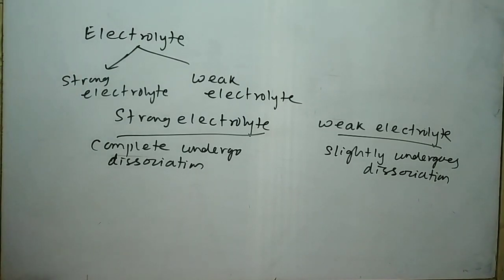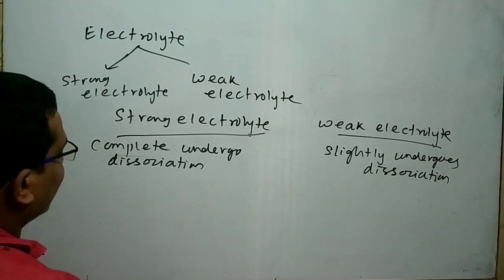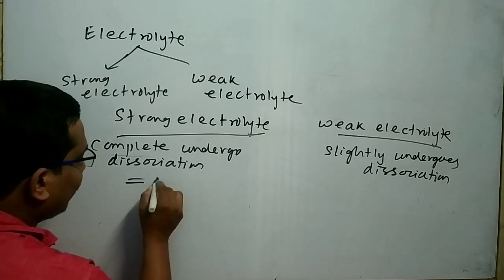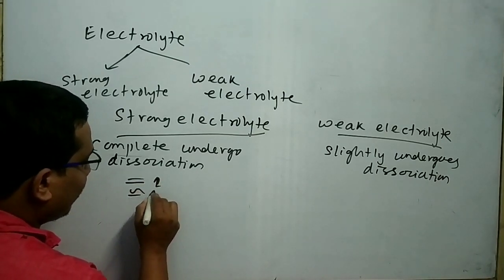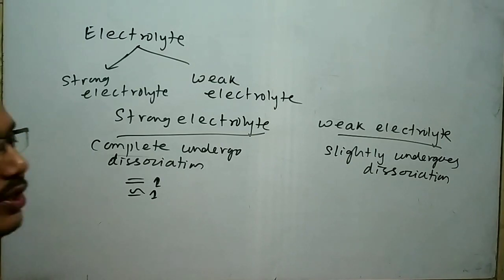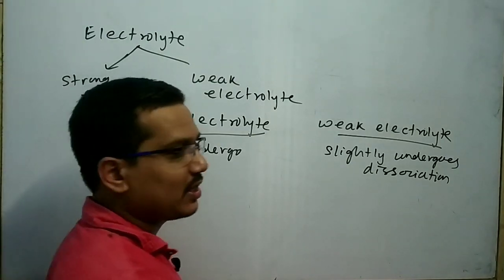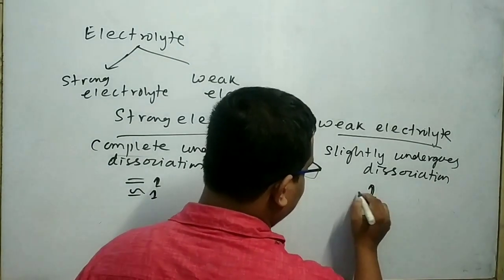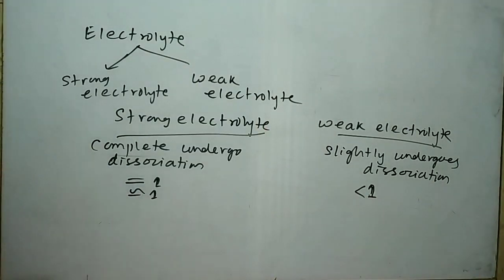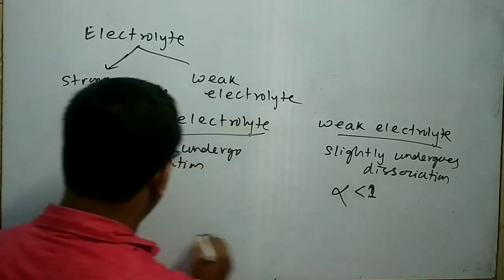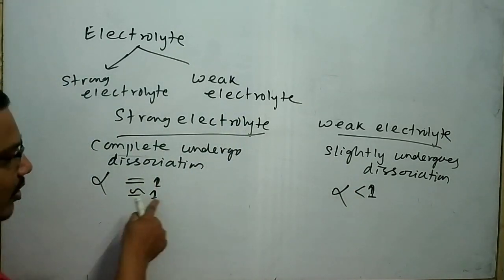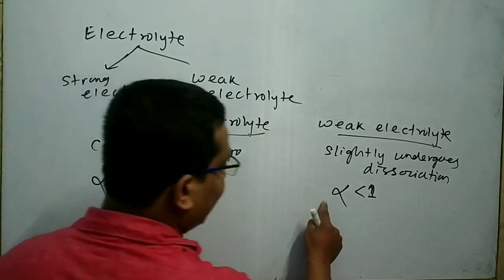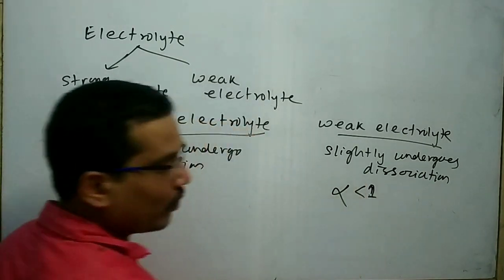The degree of dissociation of a strong electrolyte is equal to 1 or nearly equal to 1. But in case of a weak electrolyte, the degree of dissociation is very small as compared to 1. The degree of dissociation is indicated by alpha. So here you can write alpha equal to 1 or nearly equal to 1, and here alpha smaller than 1.